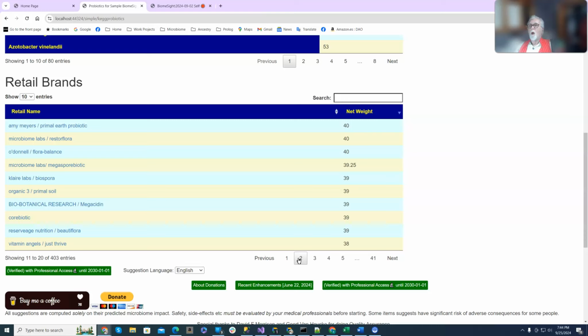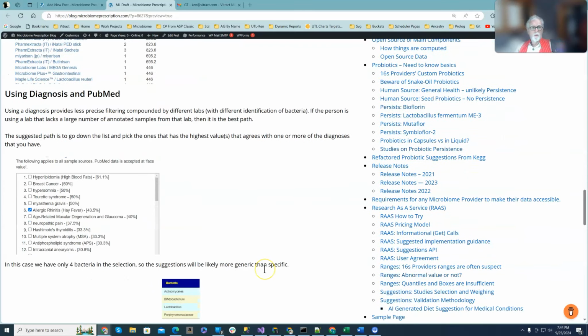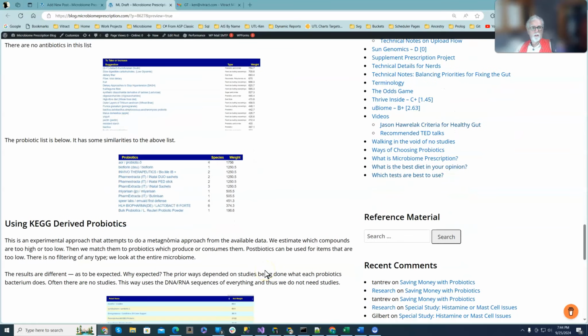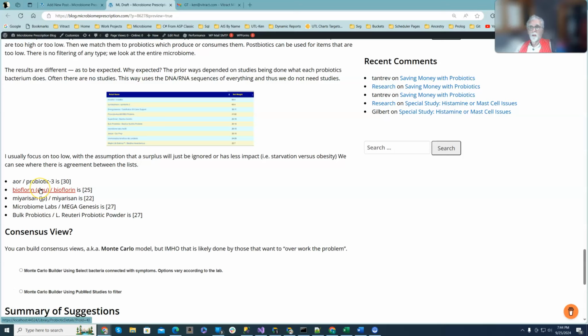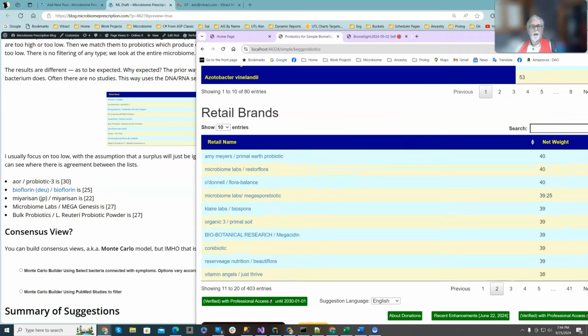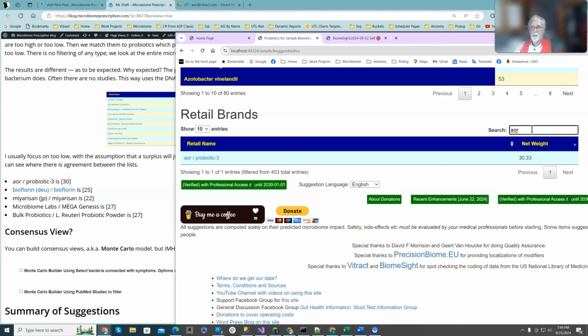Now, we thereby end up having a third list. So if we go here, we see the examples, the list of what things are picked, KEGG derived. And now at this point of time, we can go in and actually look at the ones we've done up above, and just say, okay, so AOR, there it is.